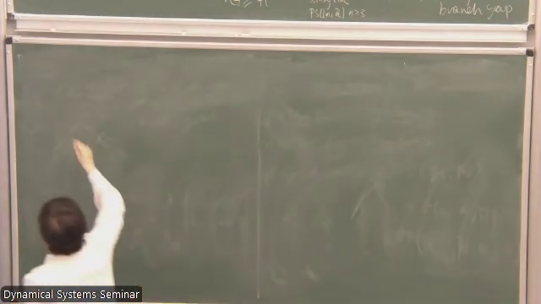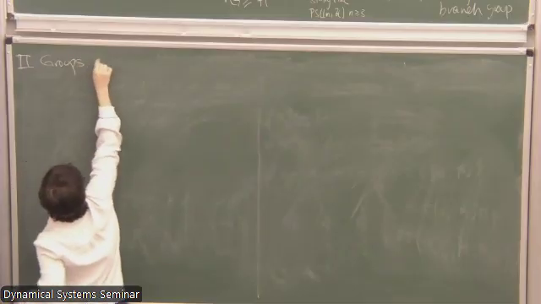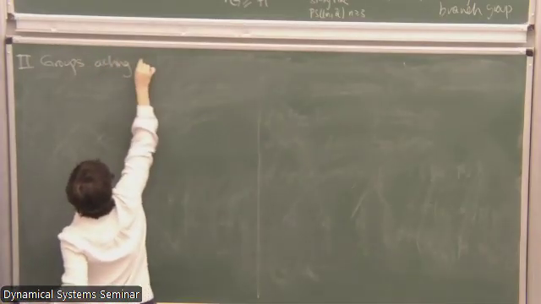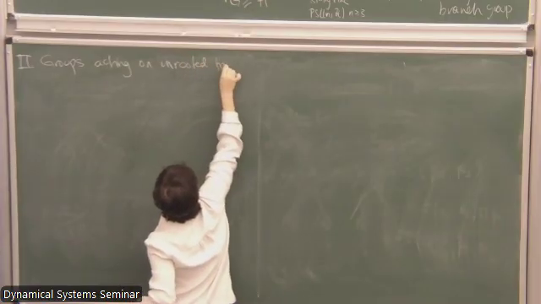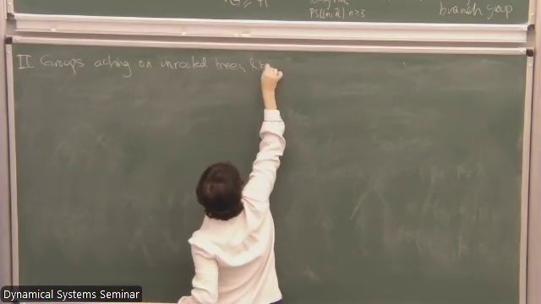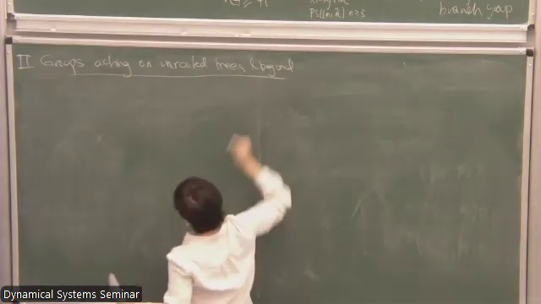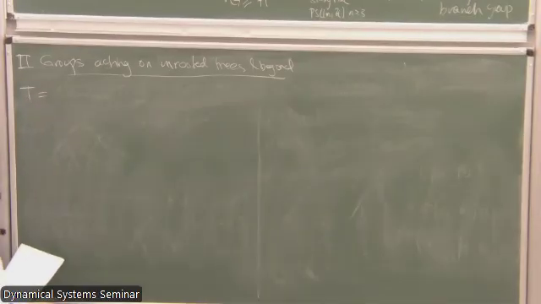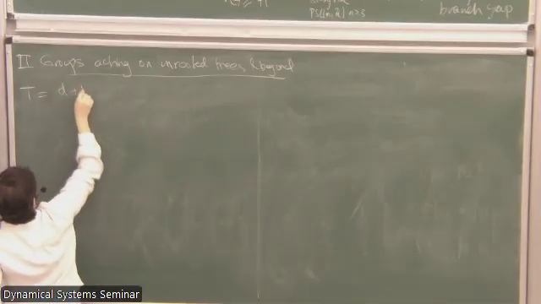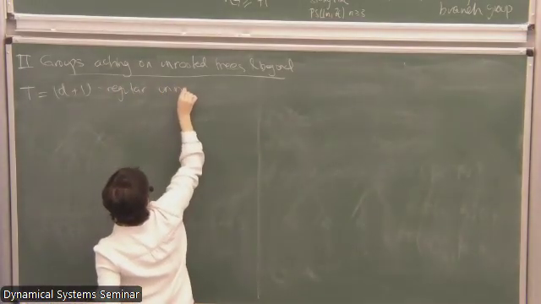So part 2, groups acting on unrooted trees and beyond. Okay, so now T is going to be the D+1 regular unrooted tree.